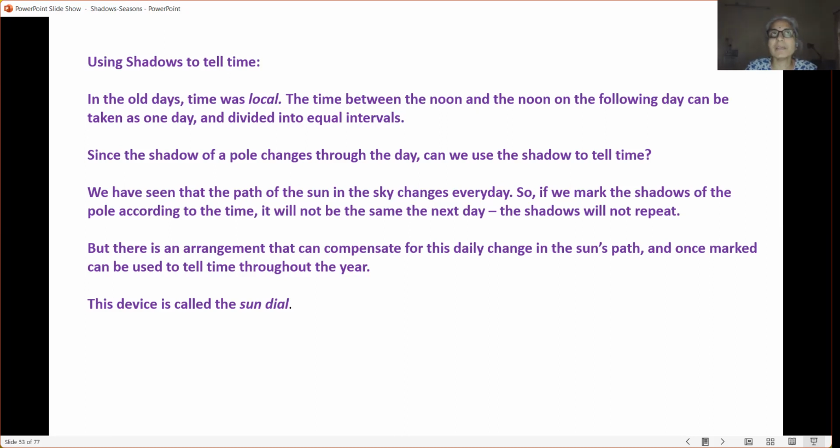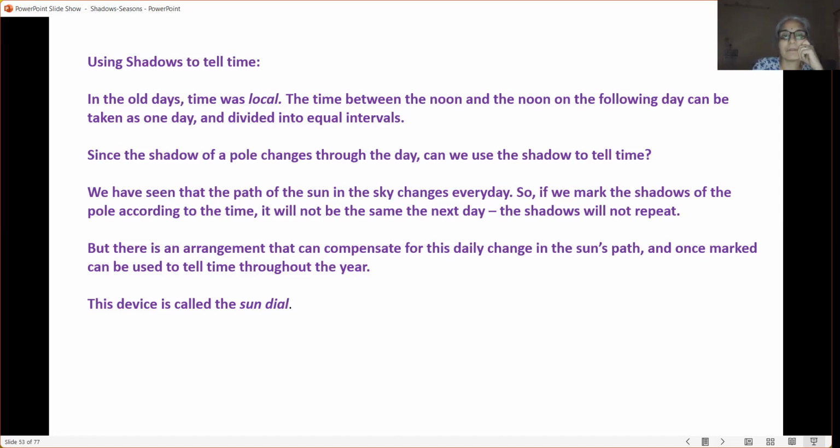So depending on where the sun is, the length of the shadow will change. That means the shadow pattern does not repeat itself from day to day. But there is a device called the sundial, which allows you to tell the time using the shadow on any day of the year. So I will just give you how the sundial is constructed.